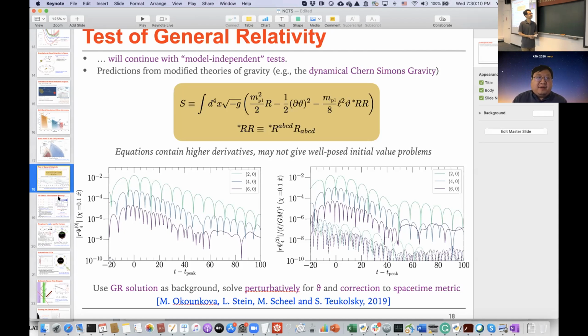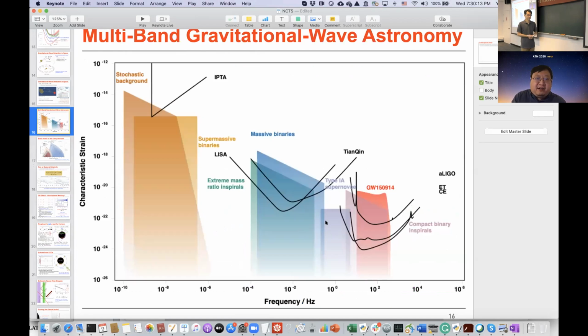Another effort, which I didn't mention here, is that another band of interest is the frequency band in between the LIGO and LISA bands. Here there are conceptual designs of detectors like the DECIGO detector made by Japanese colleagues, and also the Big Bang Observer detector proposed by people in the US, where they target this band where, relatively speaking, astrophysical backgrounds are easier to remove, and they might target the stochastic background from inflation.